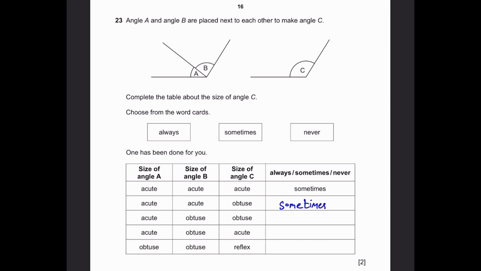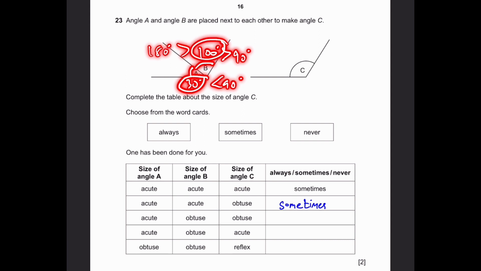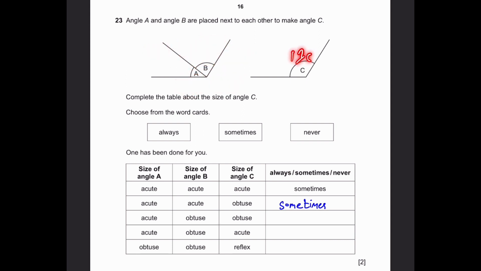Now for a third one, acute, obtuse, obtuse. So let's take angle B 100 degrees, angle A 30 degrees. This is less than 90, so it's acute. This is greater than 90 and less than 180, so it's obtuse. Now if we add it up, we get 130 degrees for angle C, which is also obtuse. Does that mean it's always?